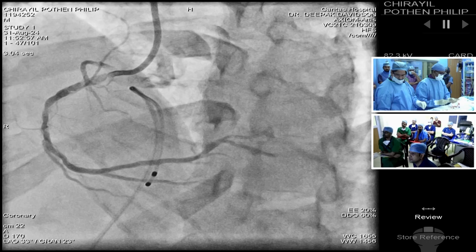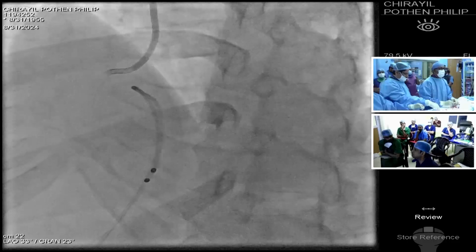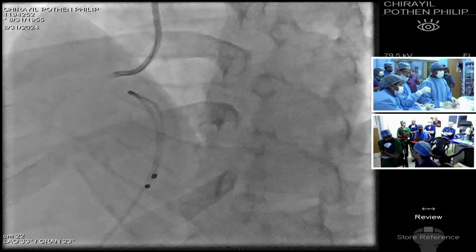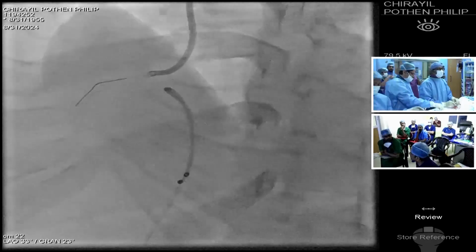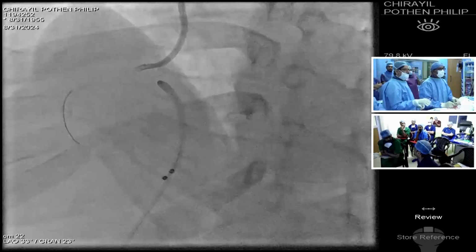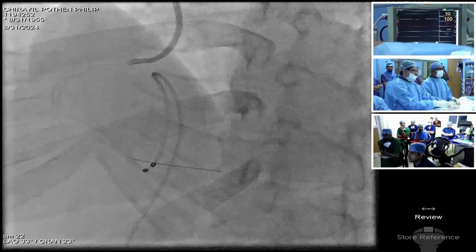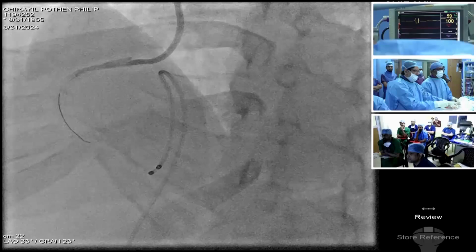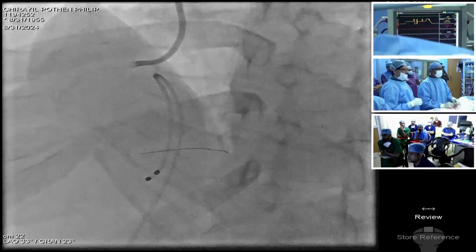Pradeep, can you show the hemodynamic monitor also on the screen? Is it possible? Yes, that's all.